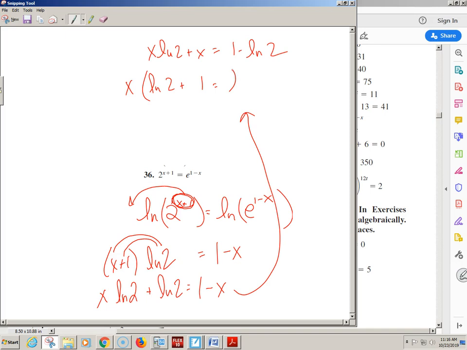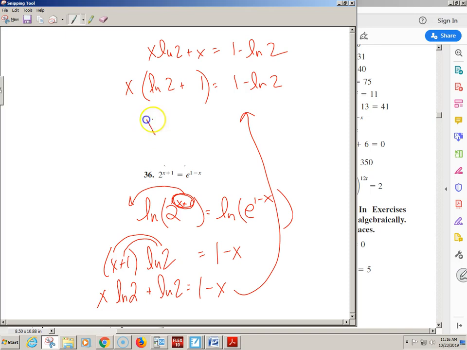Now, hold on. This is a little dangerous, right? Where I just wrote ln of 2 plus 1, but do you guys understand what I mean by it? I don't mean ln of 3, right? I mean literally ln of 2 plus 1. A better way of writing it would be 1 plus ln of 2. What's the last thing I need to do?